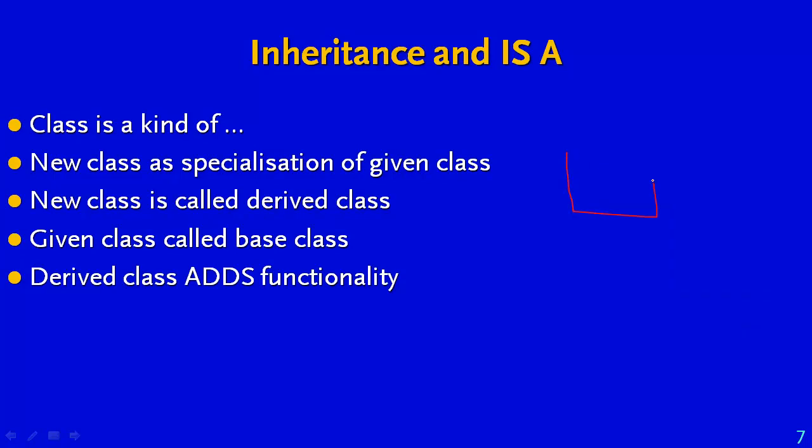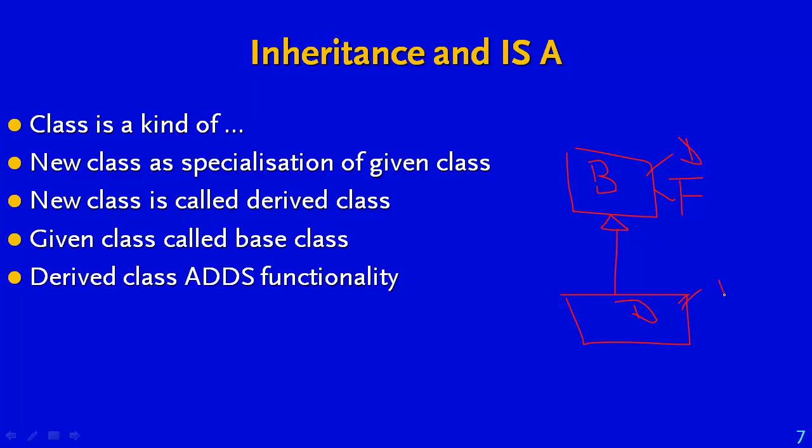So here's my base class. And all classes, you know already, have data, D for data, and functions. The derived class is the triangle here, you see. D for derived.